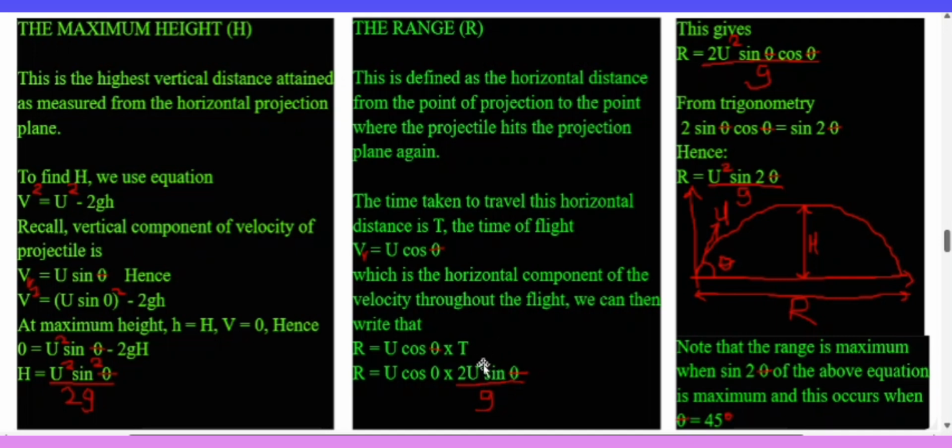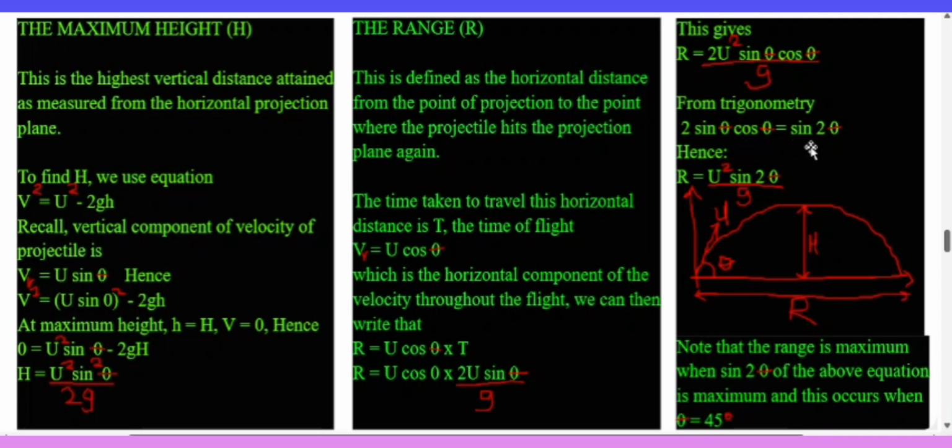If we multiply here, we will have 2u squared sine theta cos theta all over g. And from trigonometry, 2 sine theta cos theta is equals to sine 2 theta.